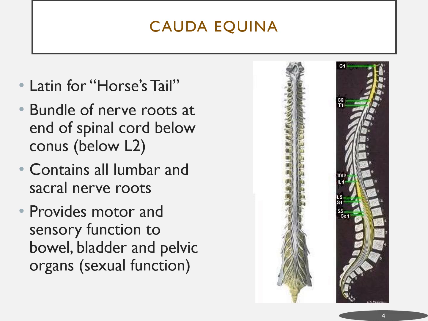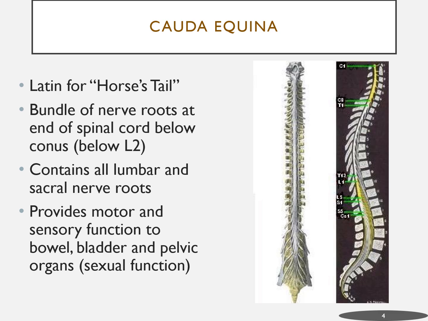So that cauda equina, that area below our second lumbar area, is a bundle of nerve roots. It's down at the bottom of our spinal cord. It contains all of our lumbar and our sacral nerve roots. The importance is that this area provides our motor and our sensory function to bowel, bladder, and our pelvic organs, which control our sexual function.